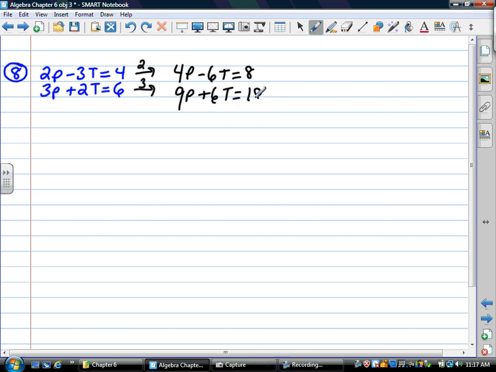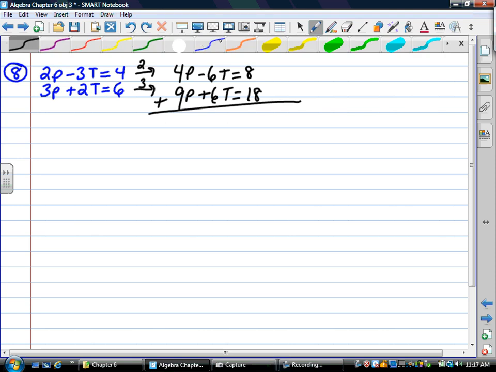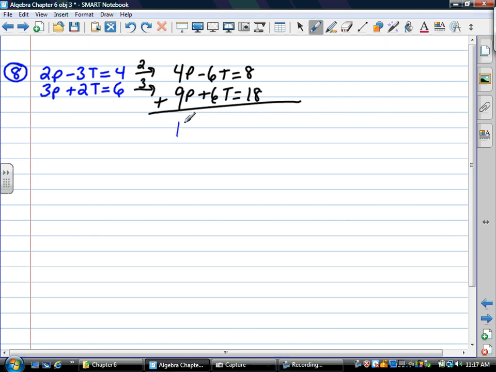That's going to be equal to 18. We are adding to eliminate the variable. And when I add, I wind up with 13p is going to be equal to 26. Divide by 13. We wind up with p is going to be equal to 2.